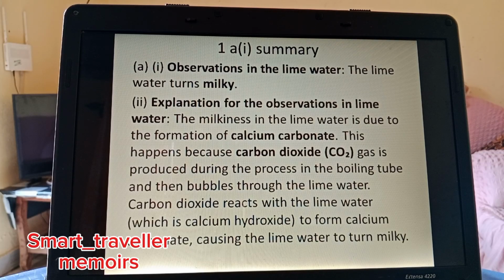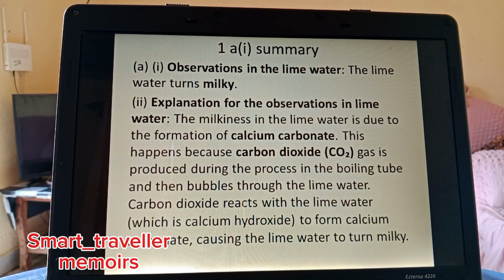Question 1A summary. Observations in the lime water. The lime water turns milky. Explanation for observations in the lime water. The milkiness in the lime water is due to the formation of calcium carbonate.